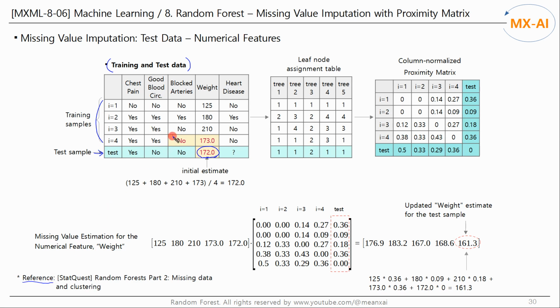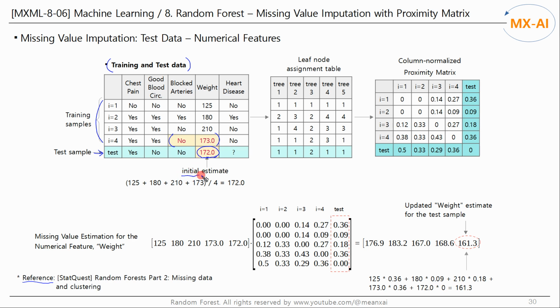Although the training samples originally contained missing values as well, let's assume that all of them have already been imputed using the procedure we discussed in the previous video. As a result, the training dataset is now complete and contains no missing values. Let's also assume that a random forest model has already been trained using the training samples.